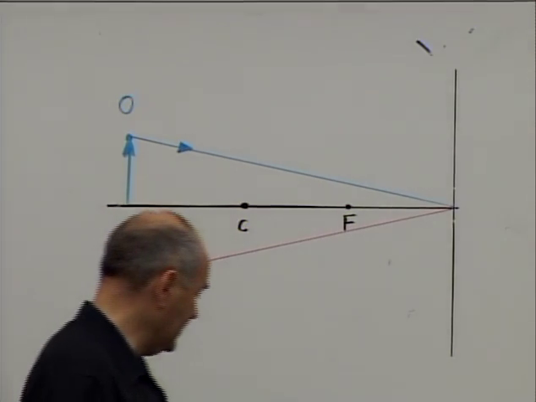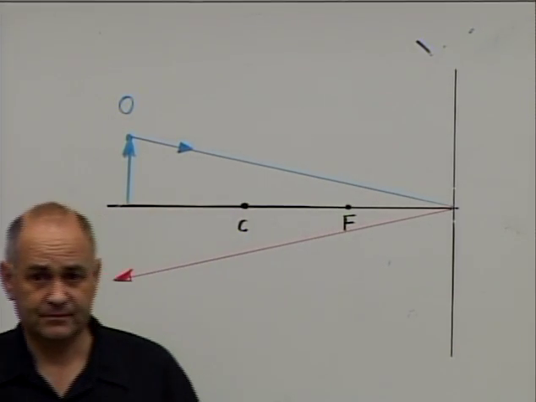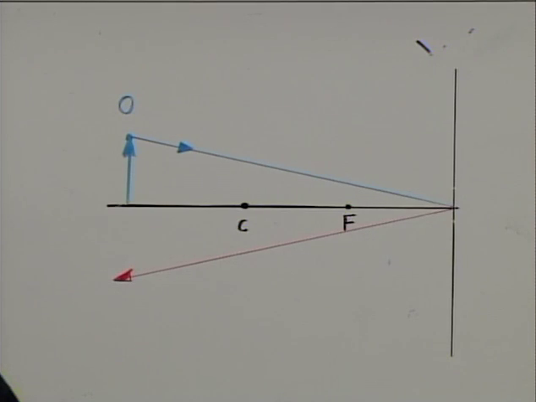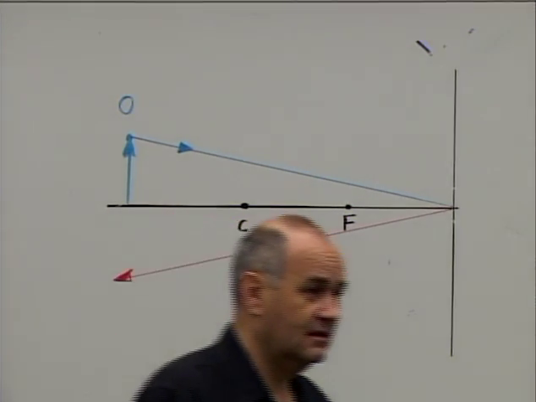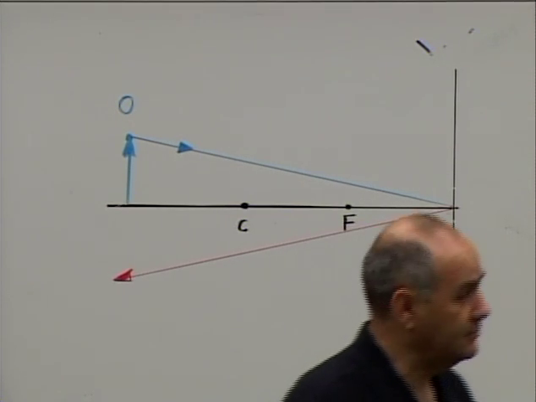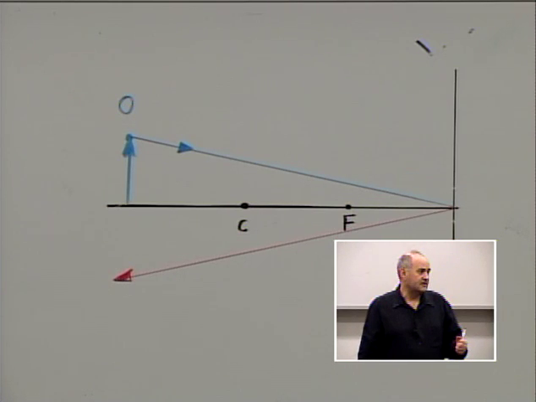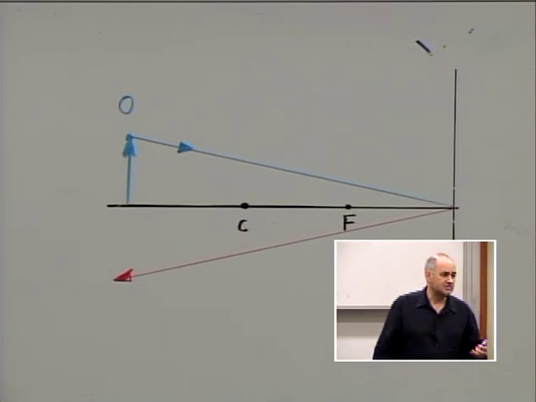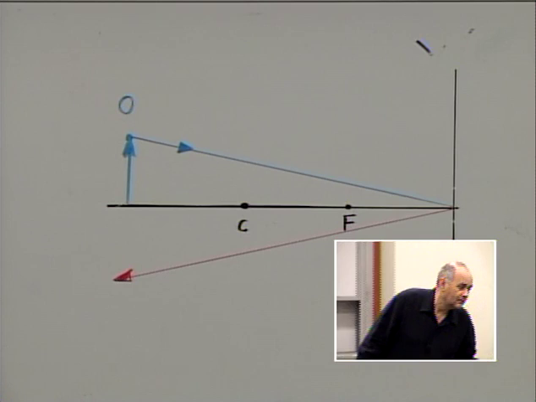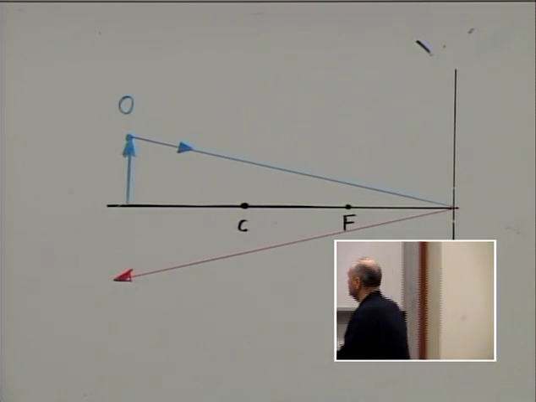Can I already locate the image? Where is the image? I need more information. All right, so we need to use another ray. Suggest another ray. Let's use the normal ray.